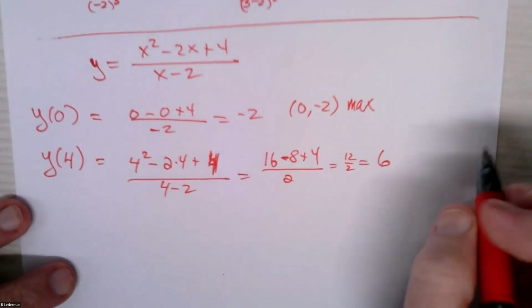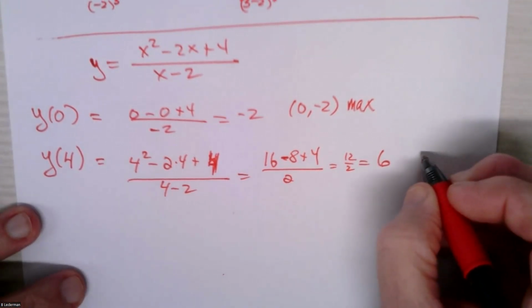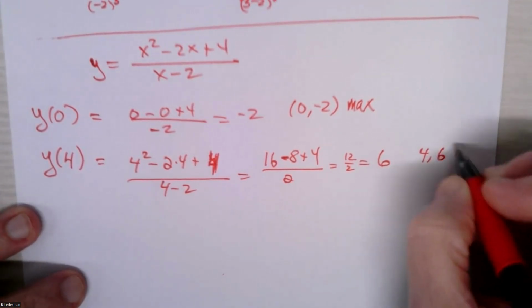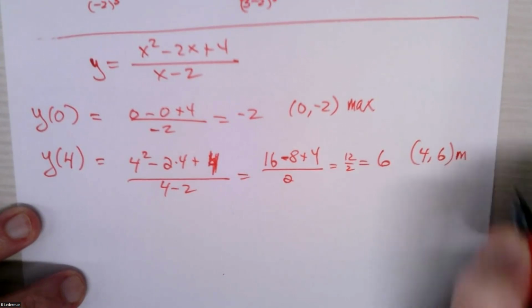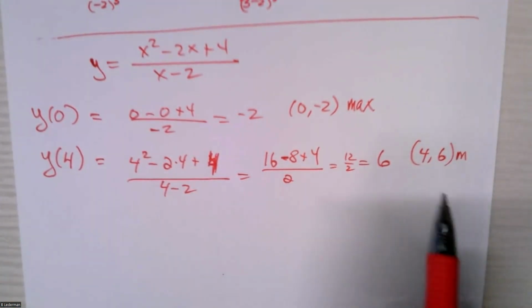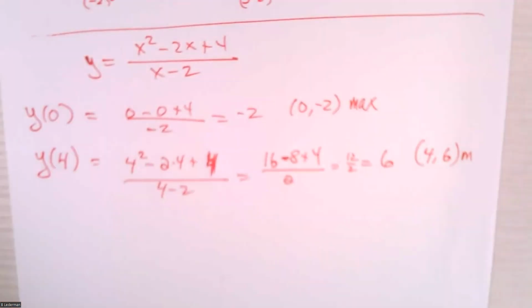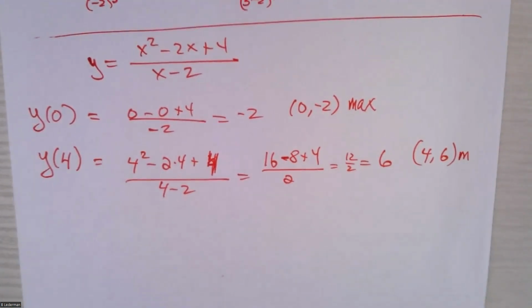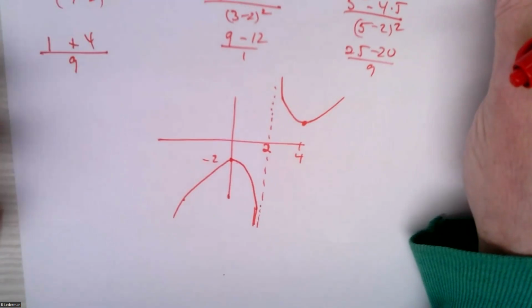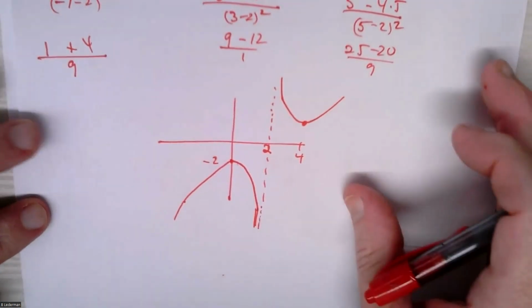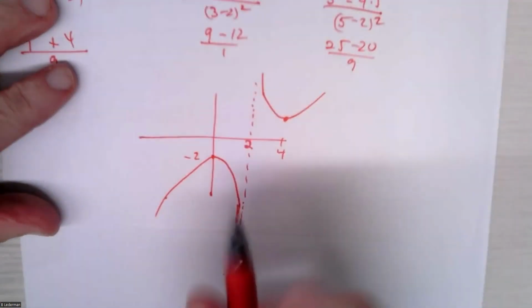So the min is (4, 6). That means the range of the function is going to go... if you remember the rough drawing that we made, and I'm really not changing the rough drawing at all, hardly, because really nothing changes, because I just get that this is concave down.